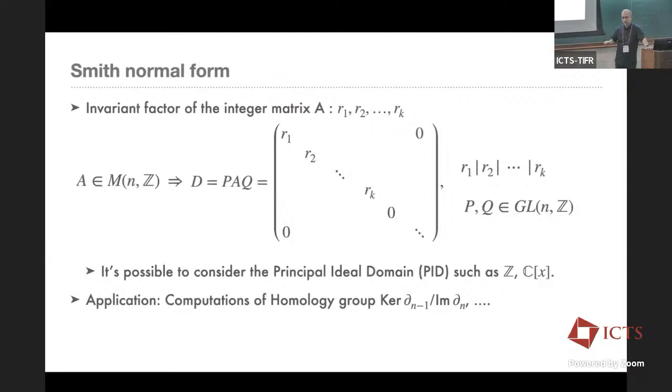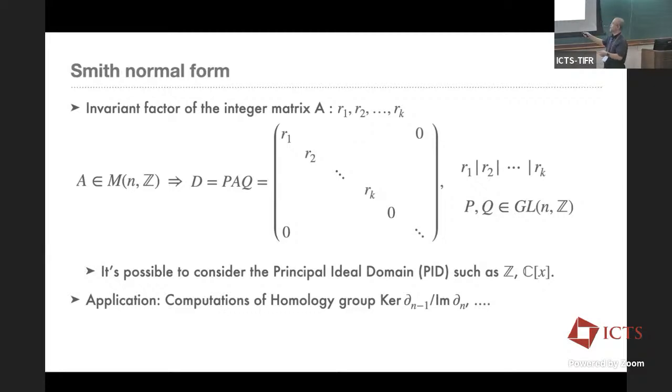Maybe you know the Smith normal form for integer matrices very well. Starting from an integer matrix, by applying integer matrices P and Q in GL over Z from left or right, it is always possible to obtain this normal form.